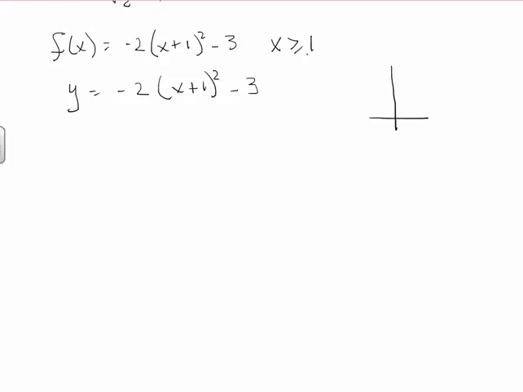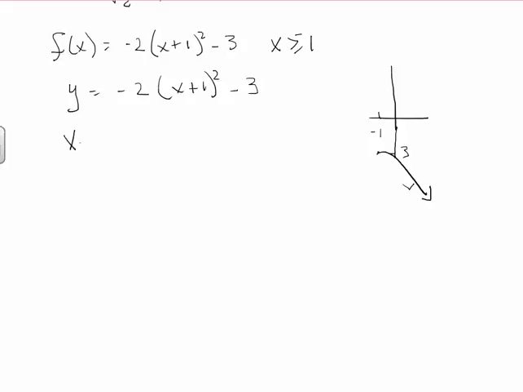Keep in mind our vertex here is at (negative 1, negative 3). So my vertex is down here and it opens down. So if I'm saying that I can only have the x values greater than negative 1, I don't have the whole parabola anymore. I only have that right side.